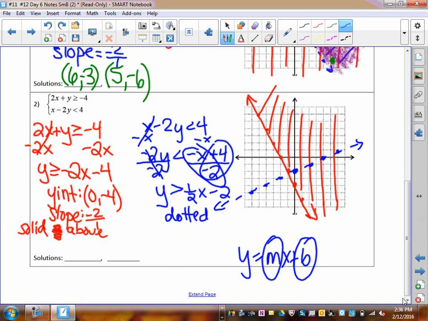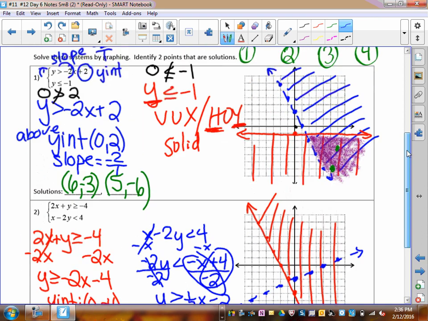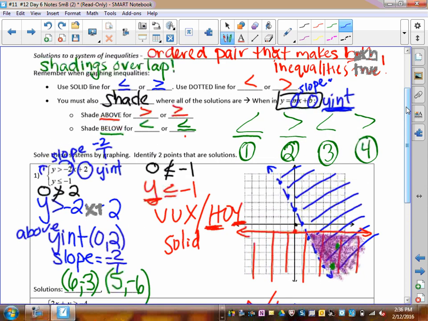All right, Judy, the ultimate question. We have a greater than. Am I going to shade above or below? Take a look at your notes. Remember, we have greater than. Is that shade above or below? Good. Above. Greater than is above.